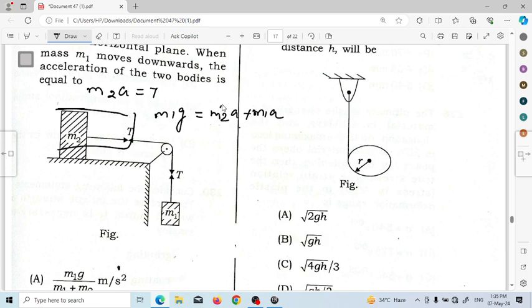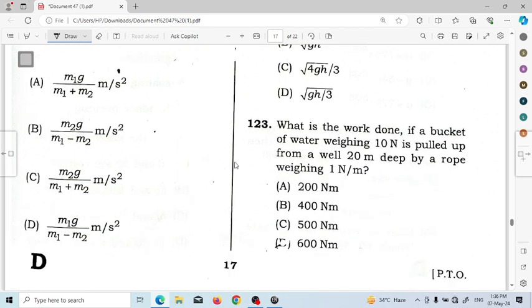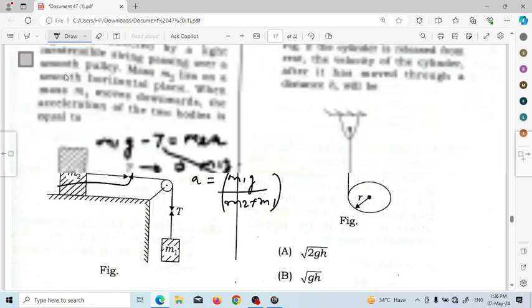So the solution will be m1g divided by m1 plus m2. Option A is the correct answer.